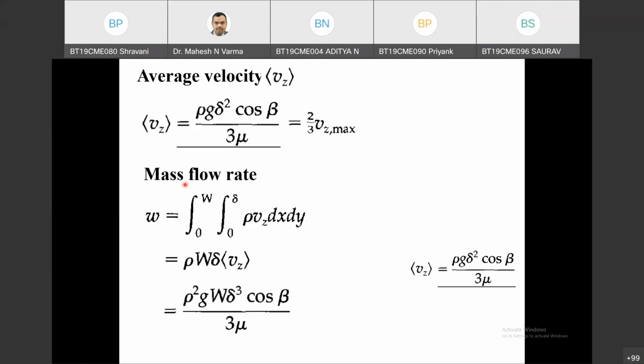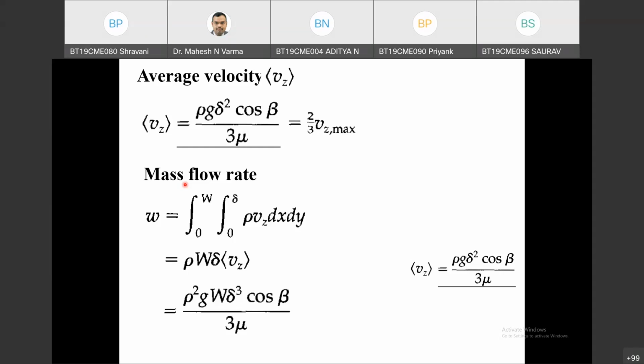So, for this case, I am asking. For this case, it will be flux into differential area, and we will integrate over 0 to W and 0 to L.